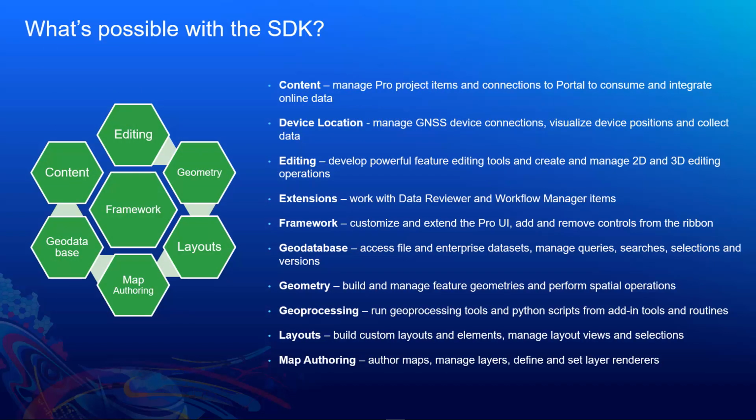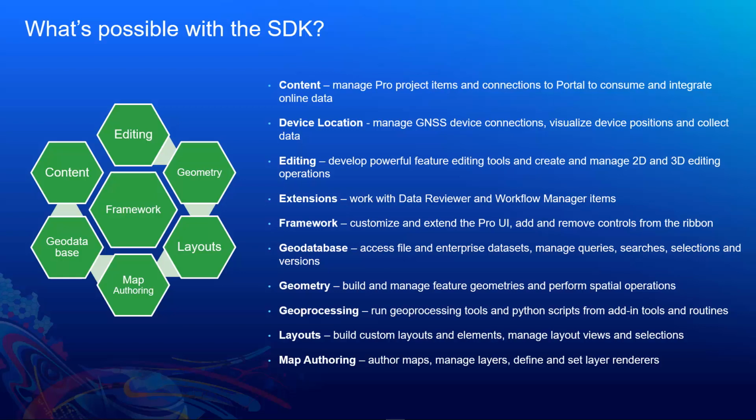On the left is a graphic of just some of the different API categories that are available with the SDK. As you can see, we've got some descriptions on the right-hand side for some of those. And I'll just skim over a few of these. At the top is content, where you can manage Pro project items and connections to portal, consume and integrate online data.